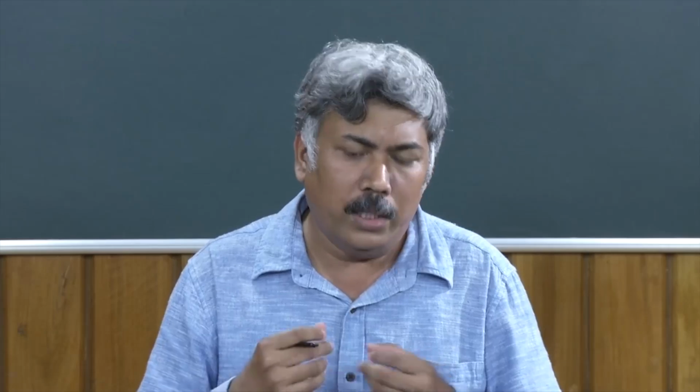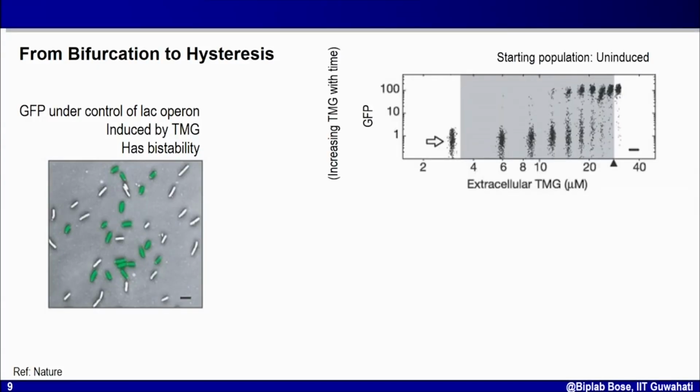And if you remember, all cells will not express the same amount of GFP based on the same induction value, because I will always have some amount of difference in the expression of protein from cell to cell. So what they did was a very simple experiment. Initially, they took cells which are uninduced. Those uninduced cells have very low expression of GFP, and you get a very low value of GFP intensity.